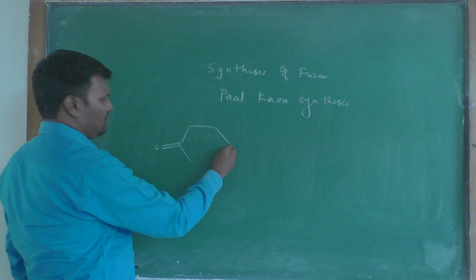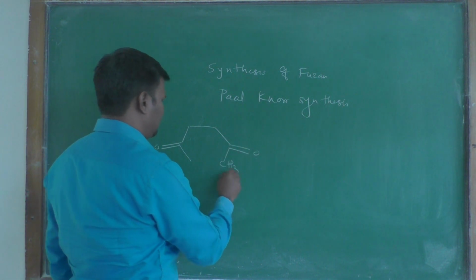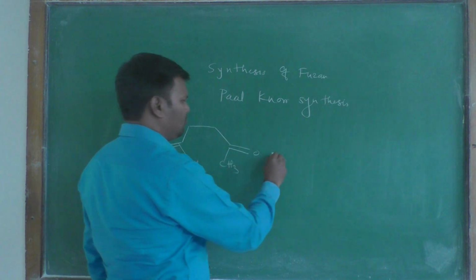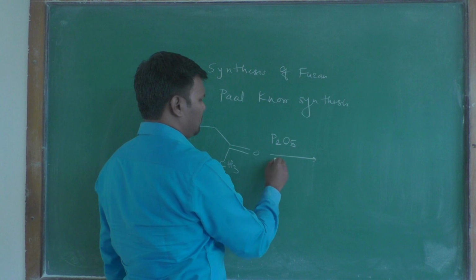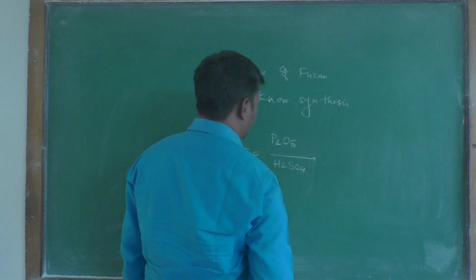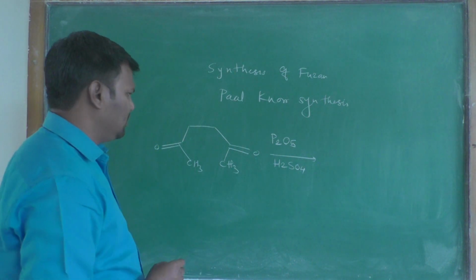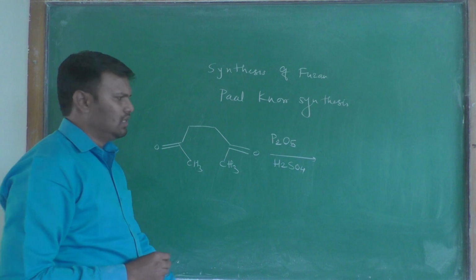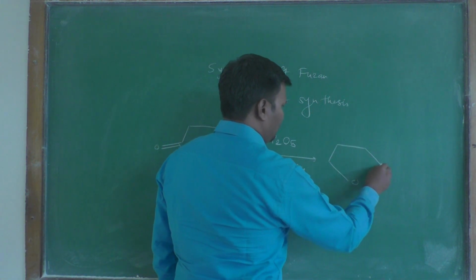This is the 1,4-dicarbonyl compound, and in this we will use P2O5, then acid source H2SO4. This kind of reagent we will use in the Paal-Knorr synthesis, and it will give the furan.